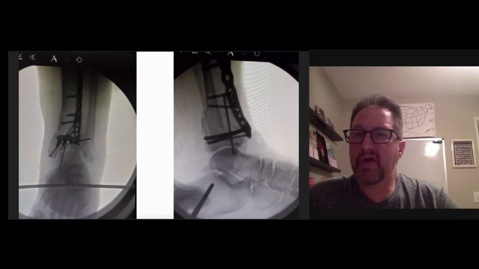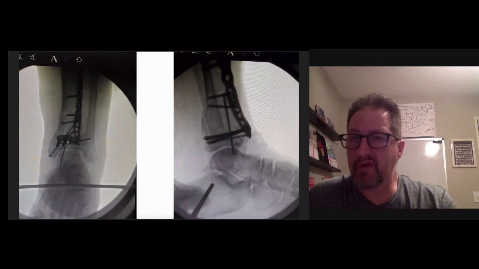And then there's an L-shaped plate that's on the anterior part of the tibia, and this is holding the ankle joint and the tibial bones together while they heal. So we have a nice anatomic reduction. The ankle joint is better. It's not great, but it's better. And this is a much more rectus appearance. So this is a relatively successful fixation construct.